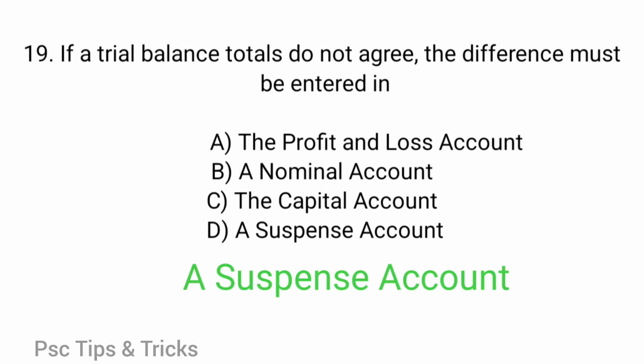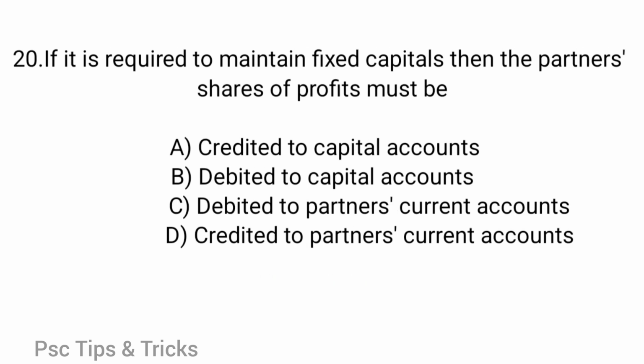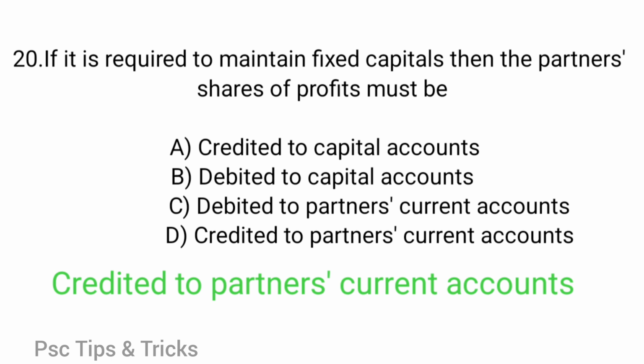A suspense account. If it is required to maintain fixed capitals, then the partners' shares of profits must be credited to capital accounts, debited to capital accounts, debited to partners' current accounts, credited to partners' current accounts. Credited to partners' current account.